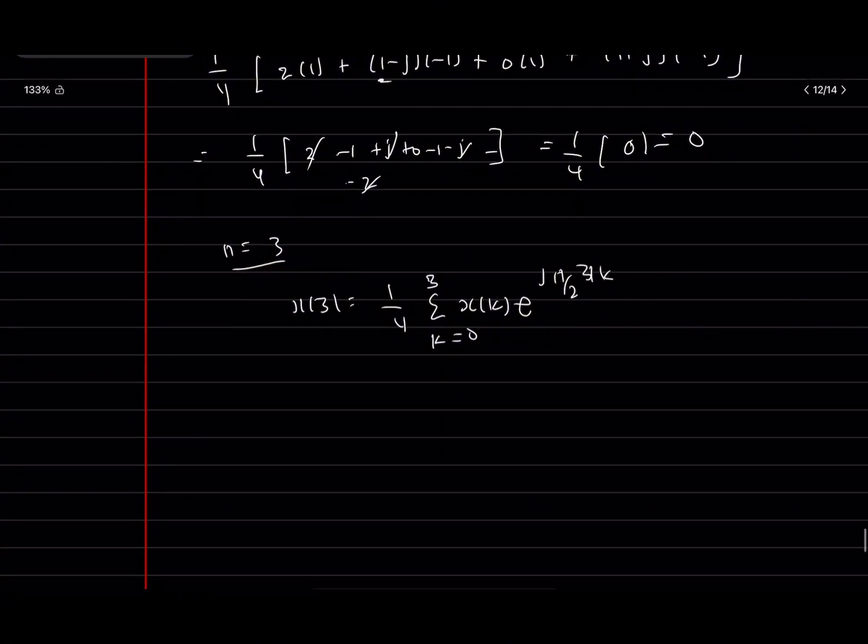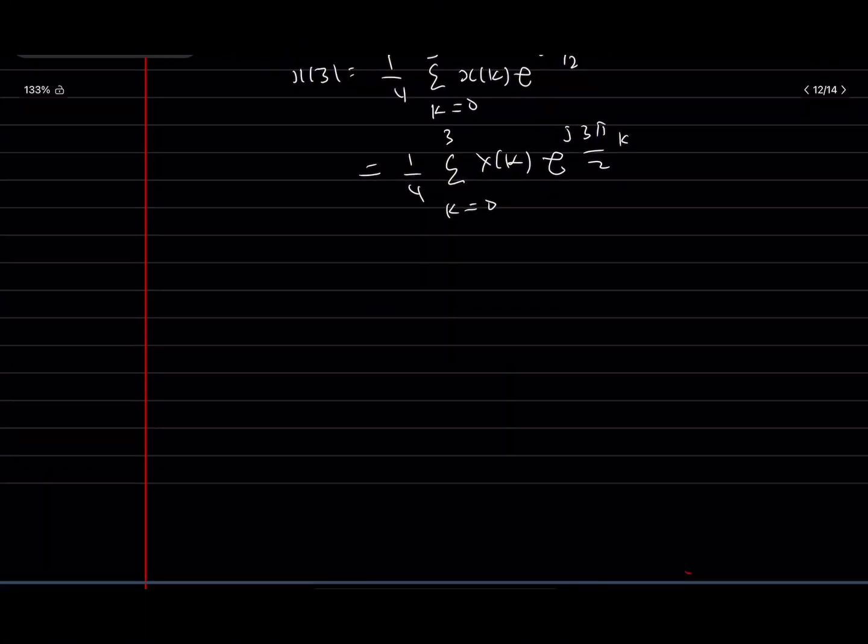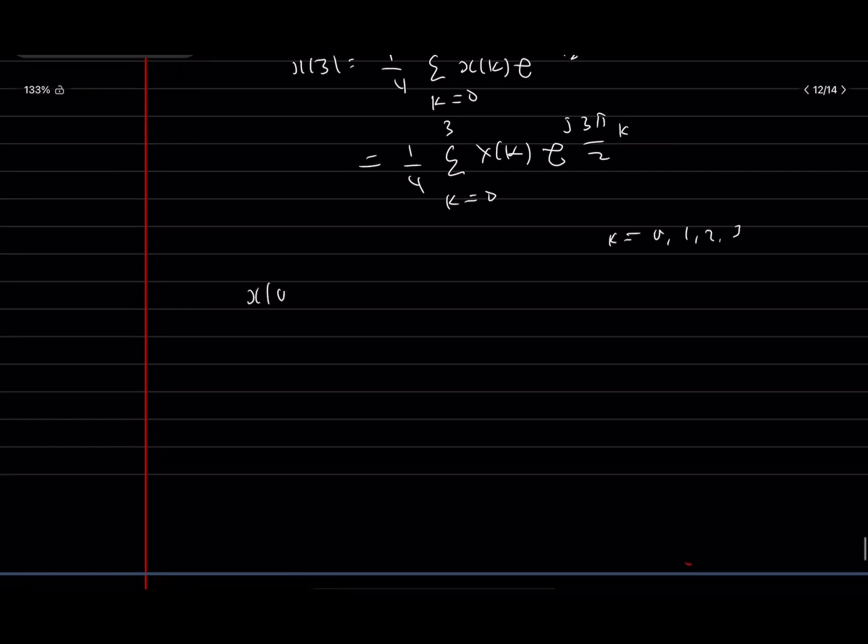We can also rewrite it as 1 over 4 summation of k from 0 to 3 of x of k exponent j 3 pi on 2 k. For k equal to 0, 1, 2, 3: for 0, we are going to get x of 0 exponent 0 plus x of 1 exponent 0 plus x of 2 exponent 0 plus x of 3 exponent 0.